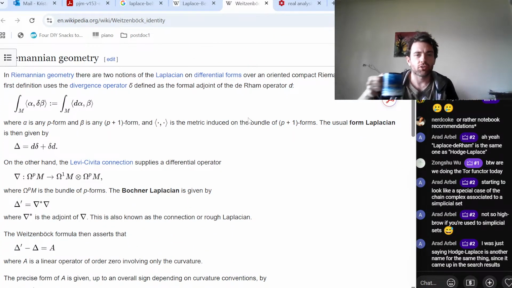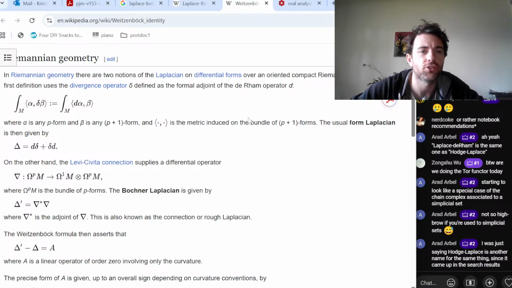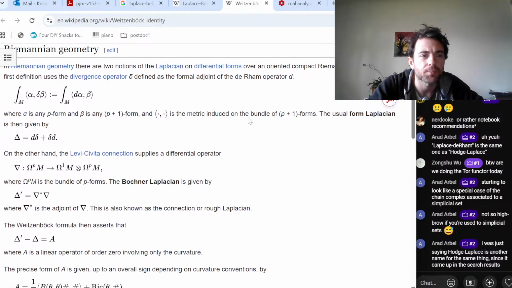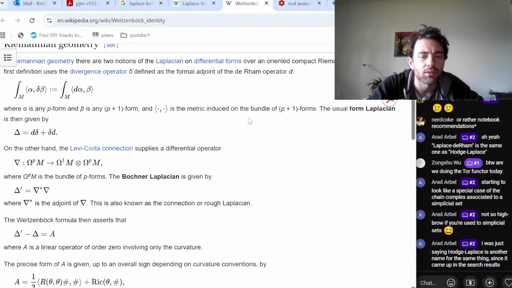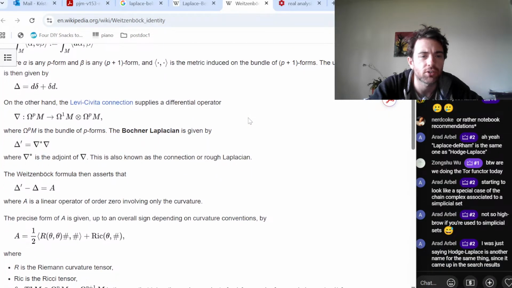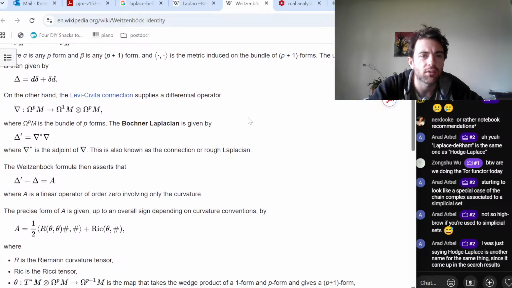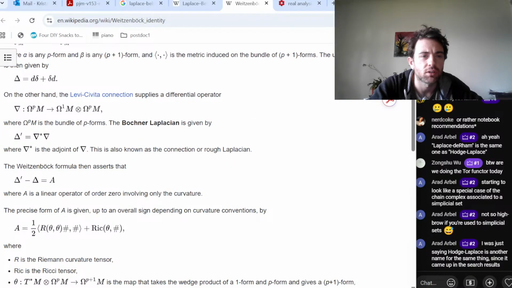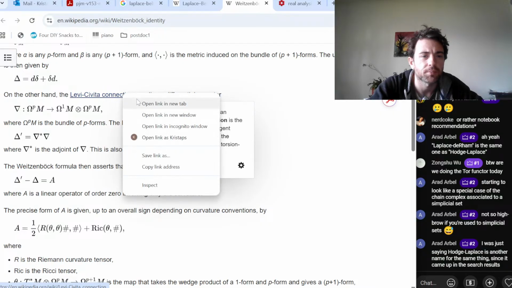There are two notions of Laplacian on differential forms over an oriented compact Riemannian manifold. The first uses the divergence operator, defined as the adjoint. Right. So that's the Laplacian. Oh, this is interesting. The Levi-Civita connection. Okay, wait. How is that defined?